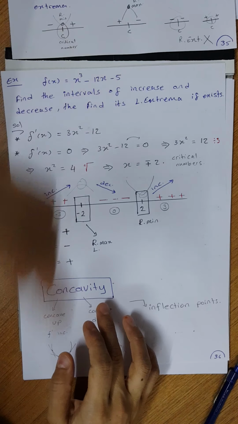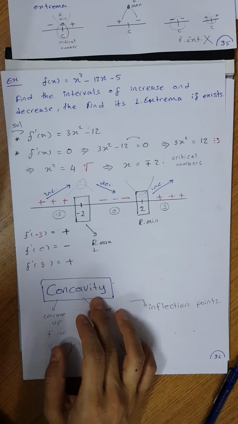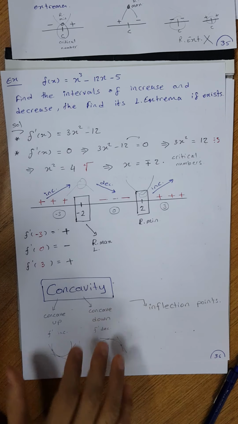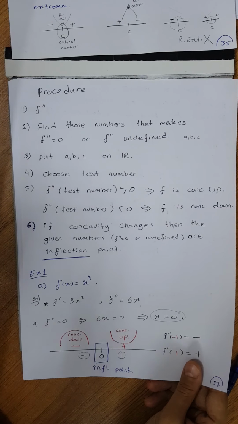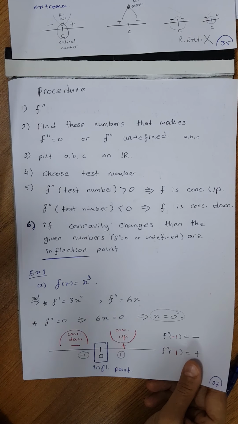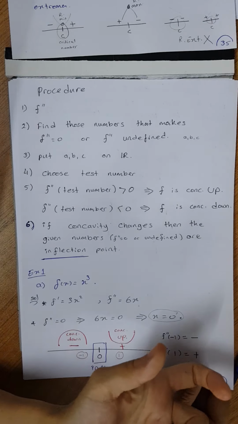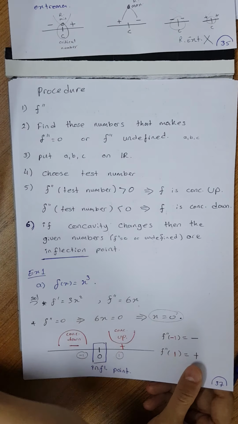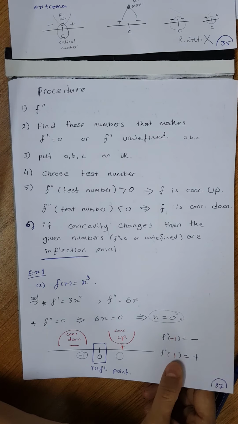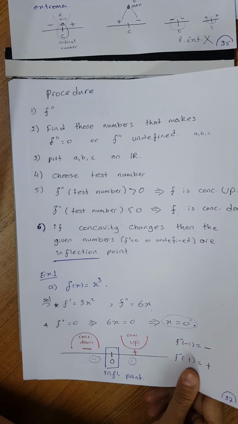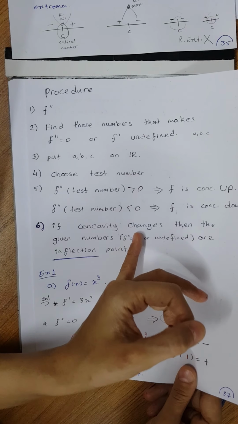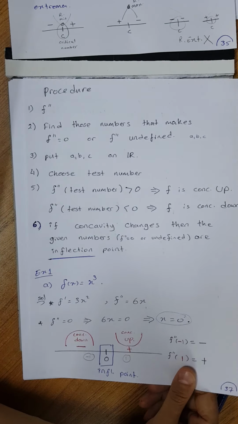In concavity, we were using the second derivative of the function, okay? Whatever procedure we did, it was on the second derivative. What does concavity mean? That means whether the cup that I have got is faced up or faced down. And we also found the inflection point using the concavity of the function.